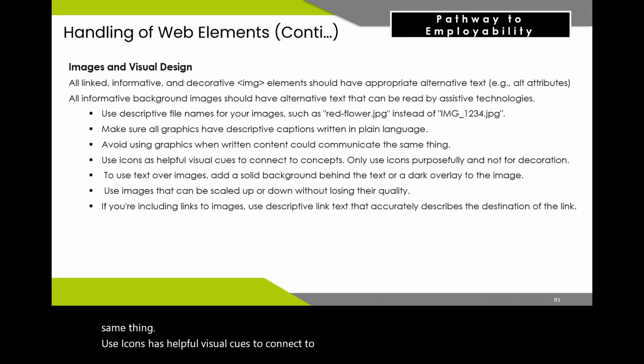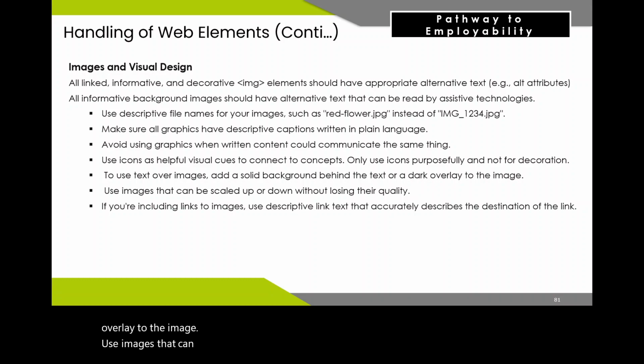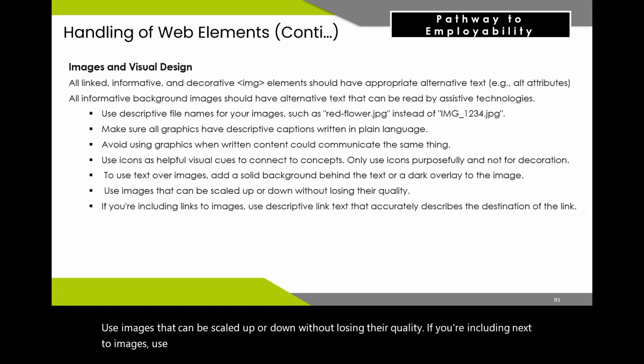Only use icons purposefully and not for decoration. To use text over images, add a solid background behind the text or a dark overlay to the image. Use images that can be scaled up or down without losing their quality. If you're including links to images, use descriptive link text that accurately describes the destination of the link.